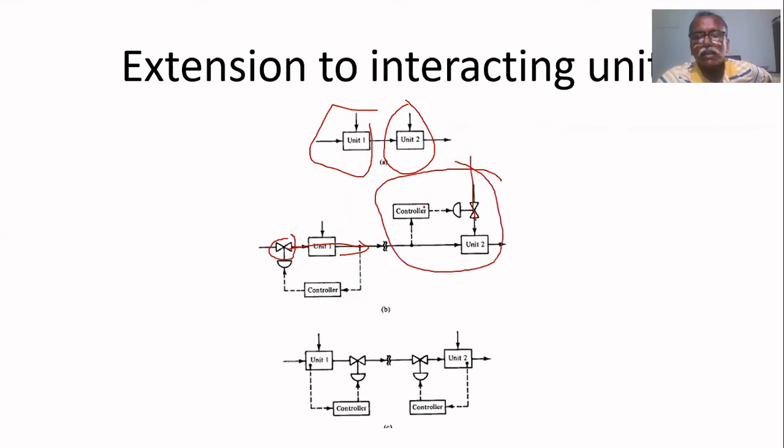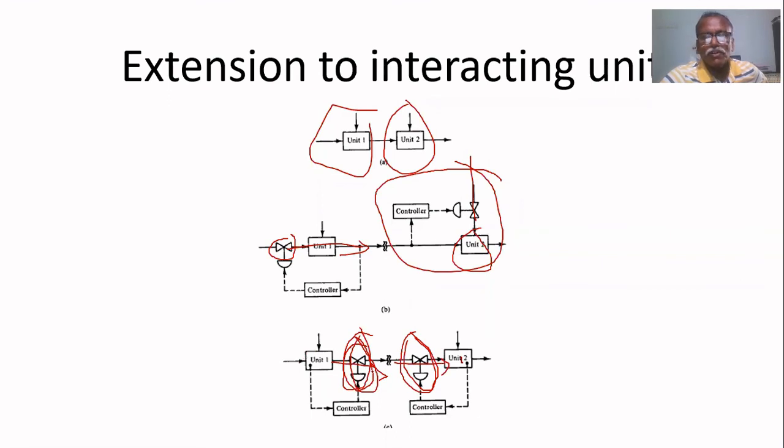Some other liquid is manipulated to control unit 2. Suppose we selected it such that the outflow rate of the first unit is manipulated to control the second unit, meaning the first unit and the second unit both manipulate the same flow rate, but in series.